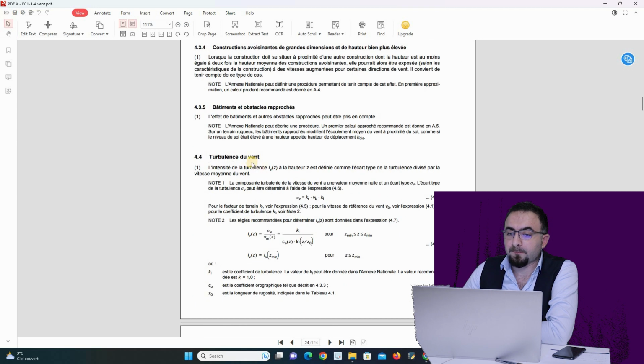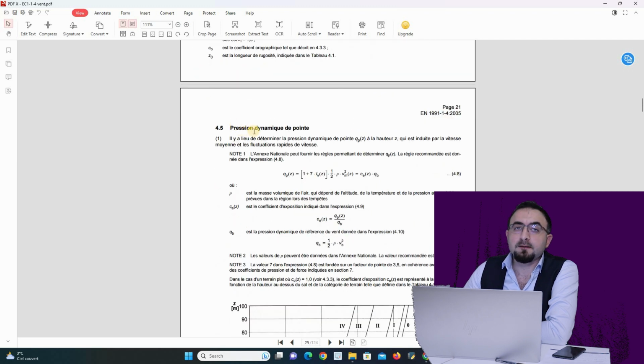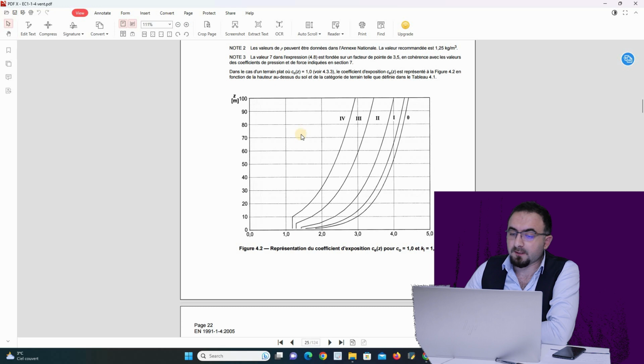Here we also have the turbulence of the wind, and in the end we get the dynamic pressure. The dynamic pressure, with this equation, depends on many factors.